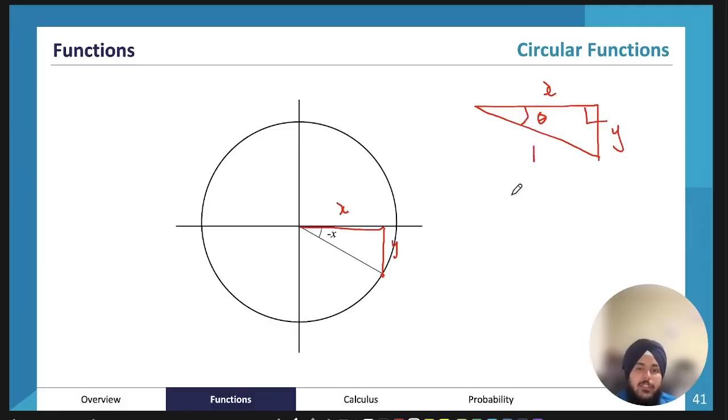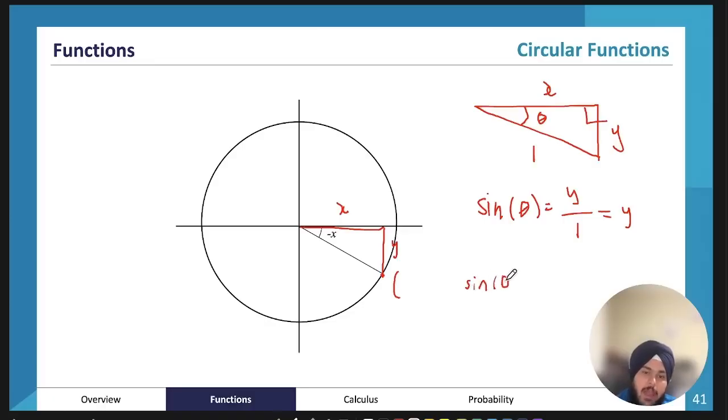Well, we can actually use the sine and cosine rules. Sine theta we know is equal to opposite over hypotenuse. Opposite is y, or the length of y, over the hypotenuse 1, which is essentially just equal to y. So therefore, the y value of this coordinate is equal to sine of theta.